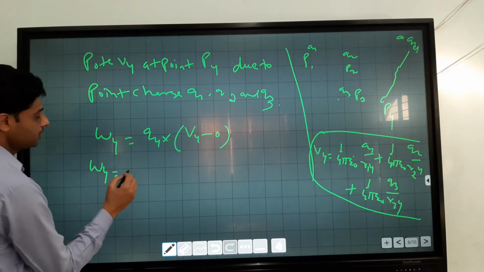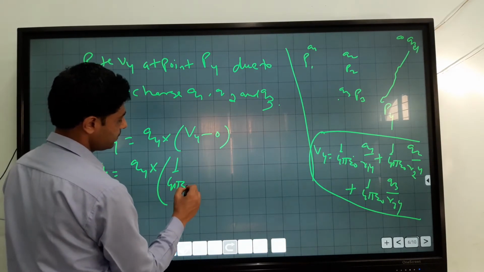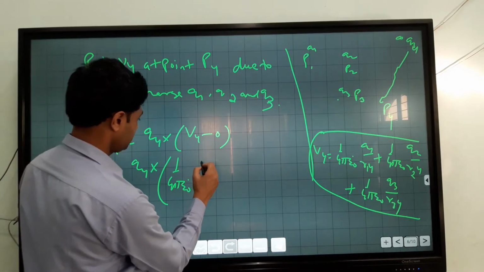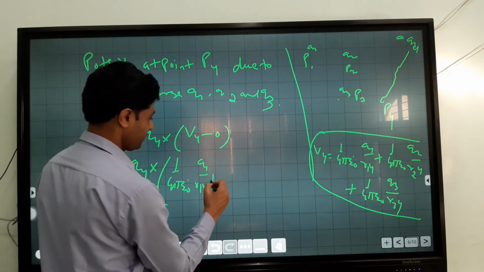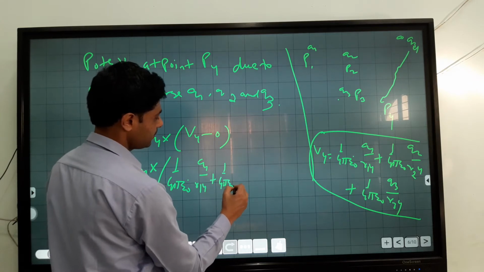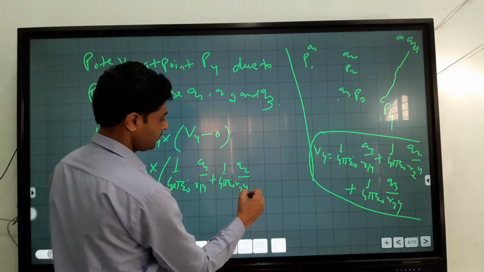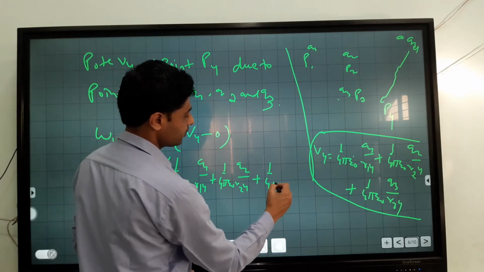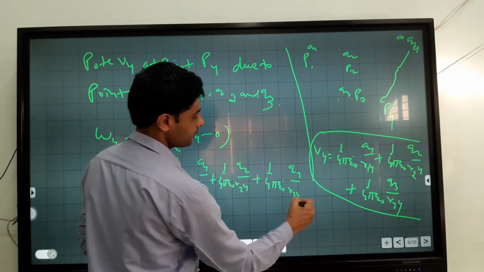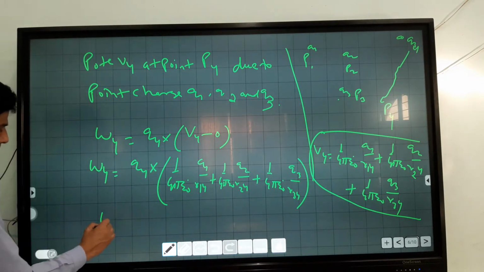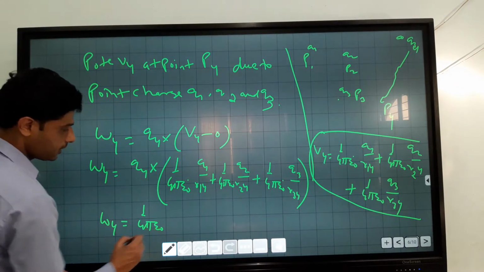So W4 equals Q4 times 1/4 pi epsilon naught, Q1 upon R14 plus Q2 upon R24 plus Q3 upon R34.